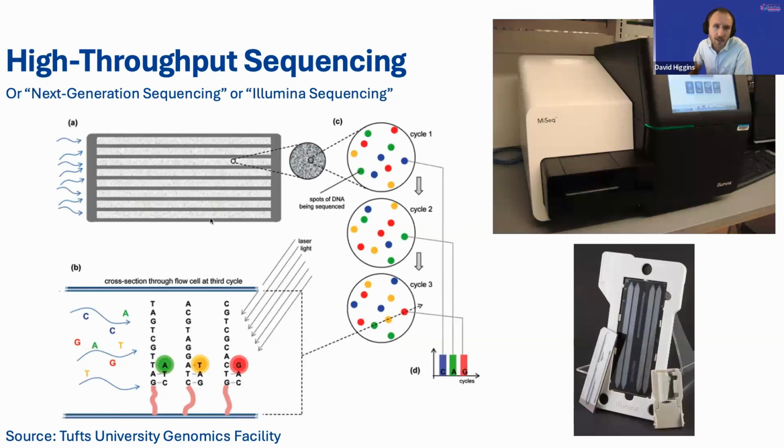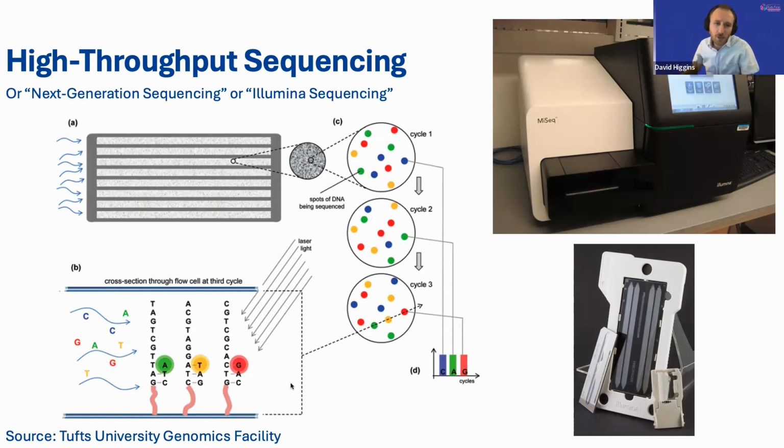So step one of the analysis is you take the DNA molecules that you're trying to sequence, fragment the genome into tiny little pieces, and then run those through what's called a flow cell. It's shown here on the bottom right. It's two plates of glass that are very close together, with a channel that runs through them.